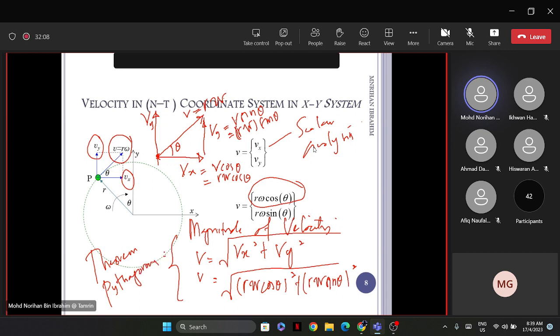That's what is applied in the rectangular XY coordinate system. So for this normal tangent, we are also going to use the same approach in obtaining the magnitude of velocity, and we can also find out the direction of velocity. We do not know what the direction is.